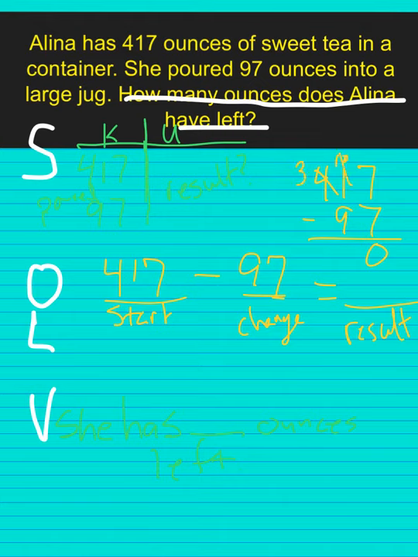We have 10 tens that we brought over from the hundreds, so 11 tens minus 9 tens leaves us 2 tens. 3 hundreds minus 0 hundreds leaves us with 3 hundreds. What's our answer? 320. Let me switch up the color there. She has 320 ounces left. I hope you got that one.